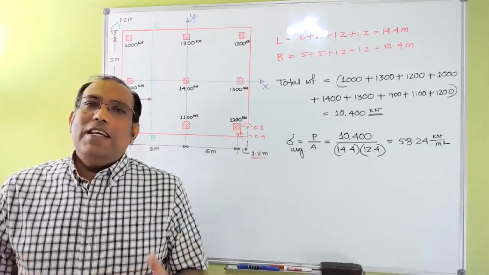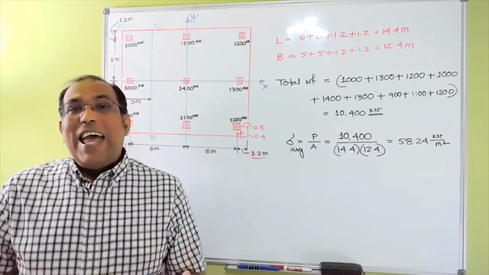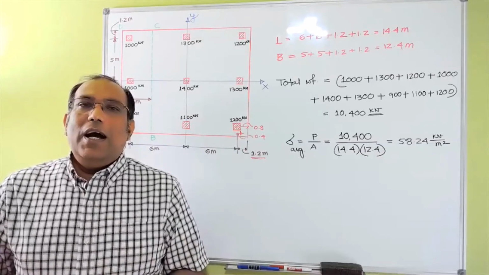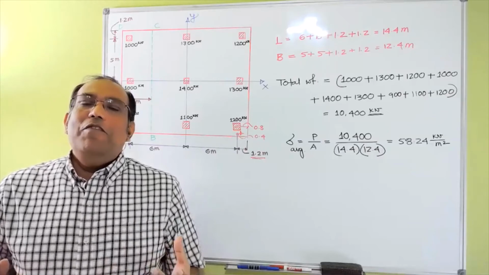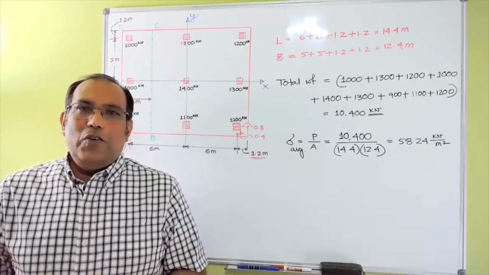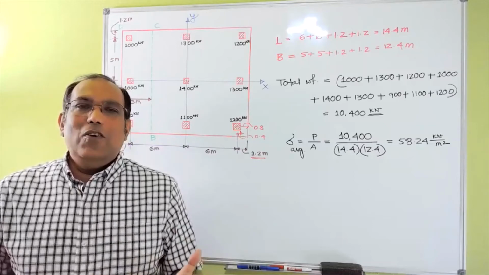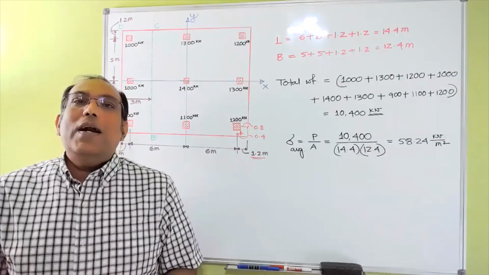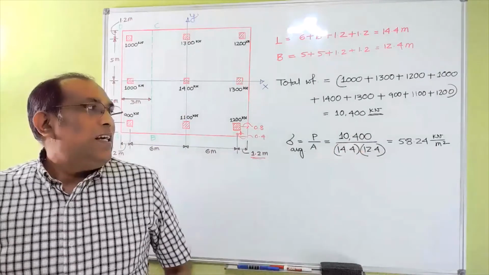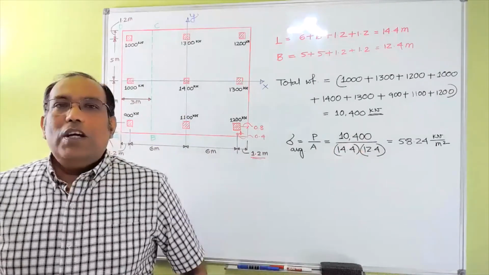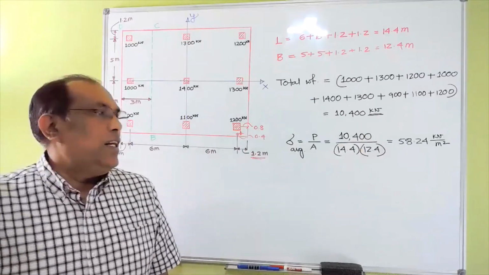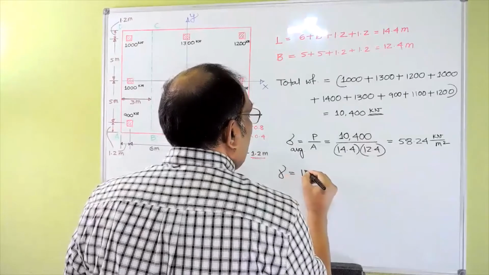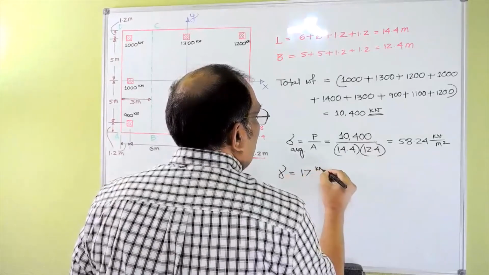So what is the advantage of that? If the soil doesn't have any additional load, then your settlement would be very negligible, close to zero, right? That's the understanding. Now, let's see at what depth the pressure would be 58.24 kilonewton per meter square. We know that gamma of the soil is 17 kilonewton per meter cube.